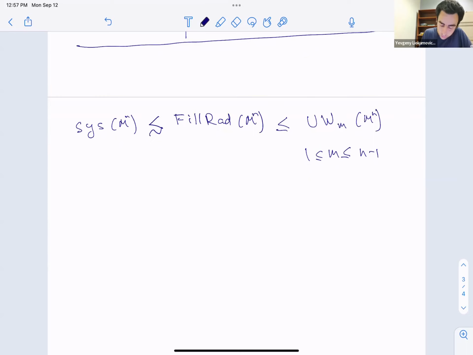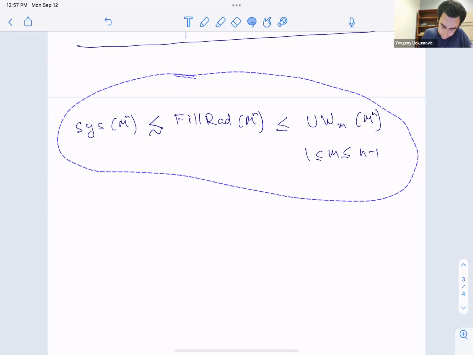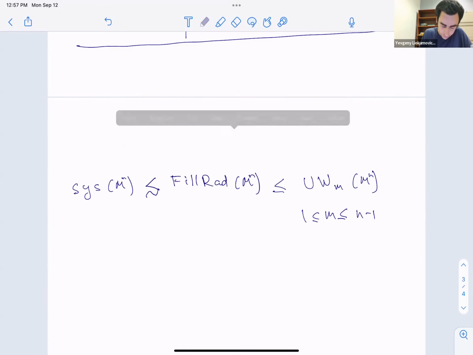And this is true for a large class of manifolds. So let me say what they are.